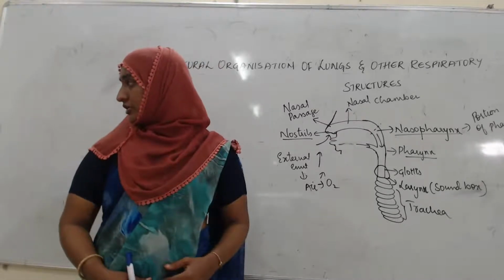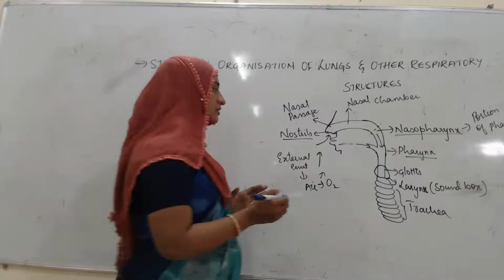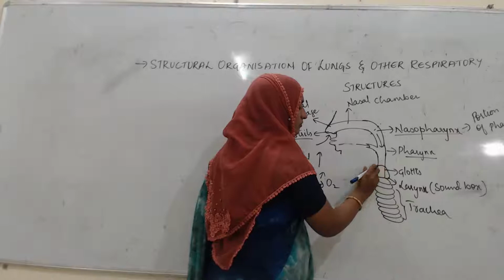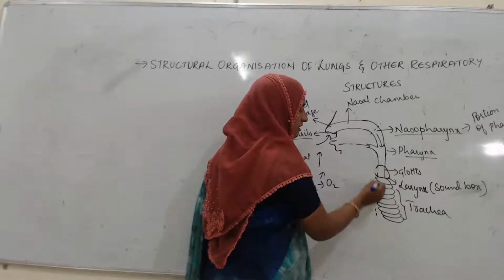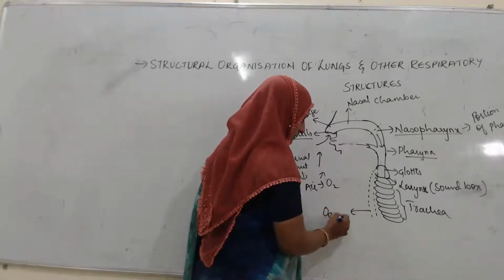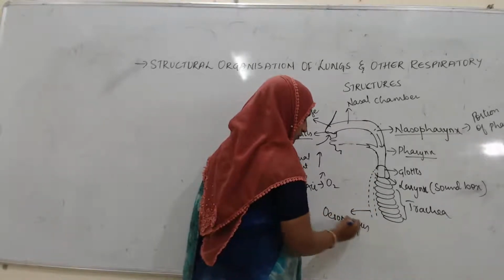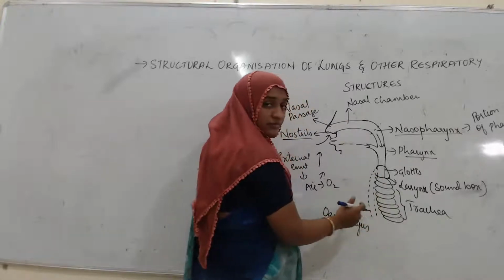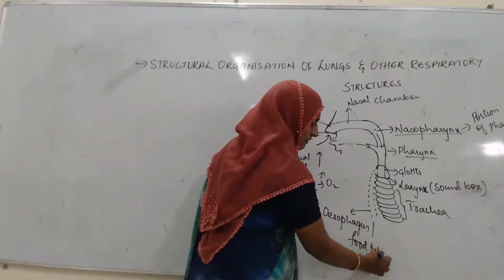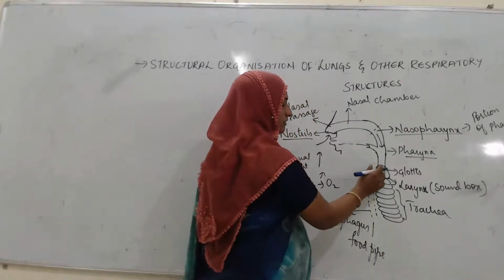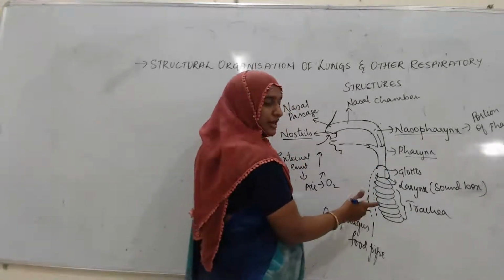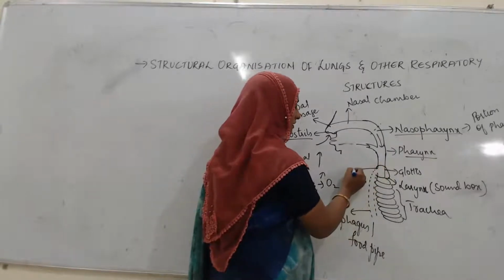During swallowing of food, one more tube will be there, which I will draw here for imagination. This is the esophagus, or food pipe. This food pipe is closed by a flap of muscle, which we call the epiglottis.